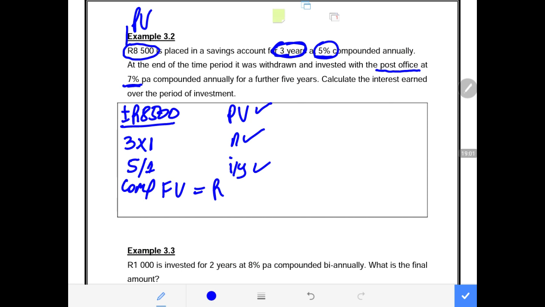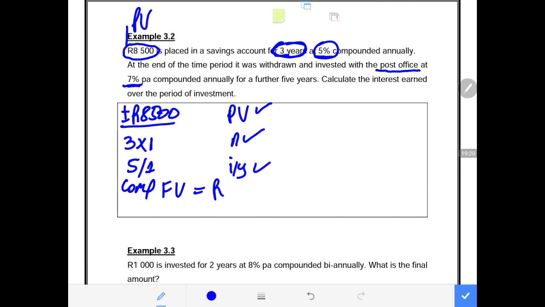Then after we say 5 divided by M. Remember, M is the frequency of annual compounds or yearly compounds. Then we say 5 divided by 1, because we're compounding the interest once a year. We press I/Y, which is interest.